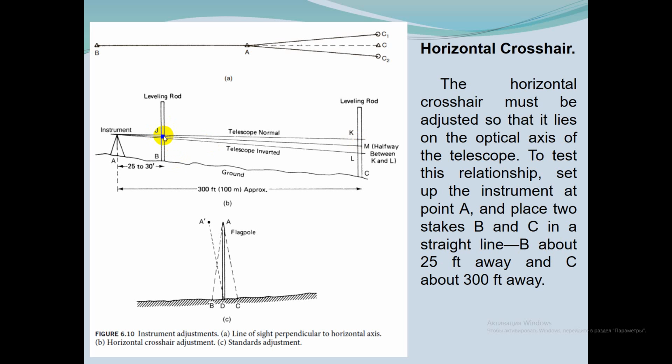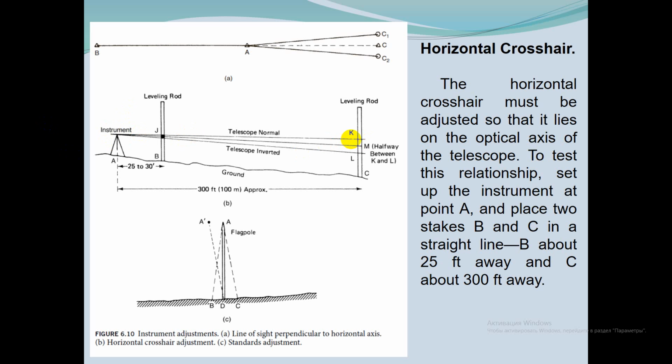Transit the telescope and set the horizontal crosshair on the previous rod reading G at B, and then take a reading at point C, K. If the theodolite is in perfect adjustment, the two rod readings at C will be the same.